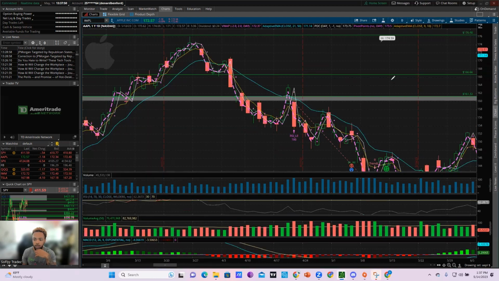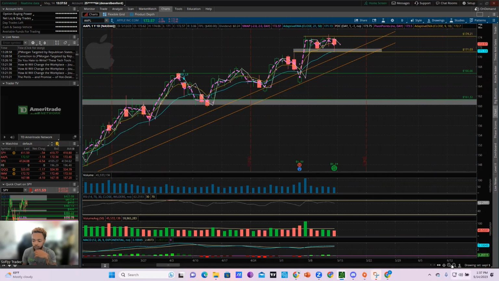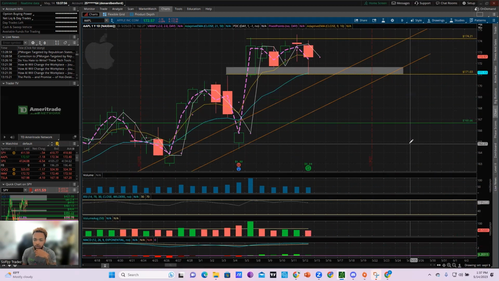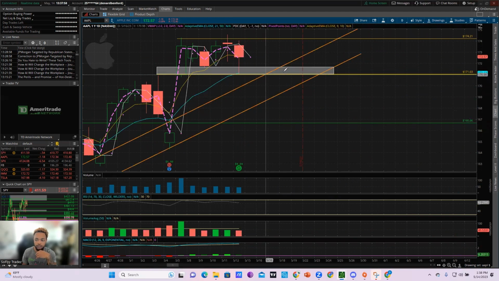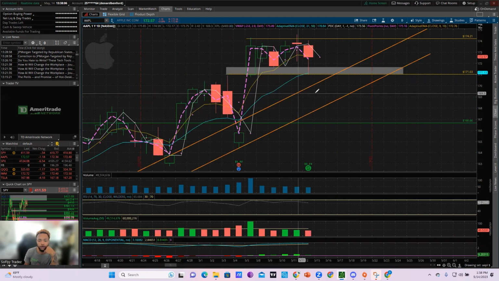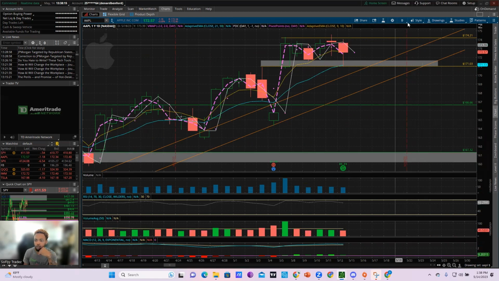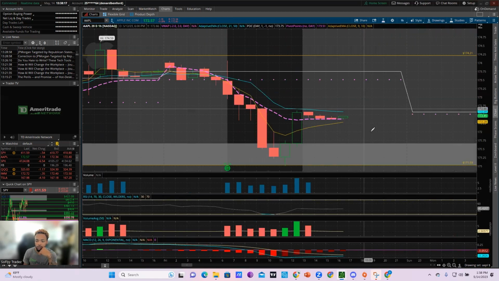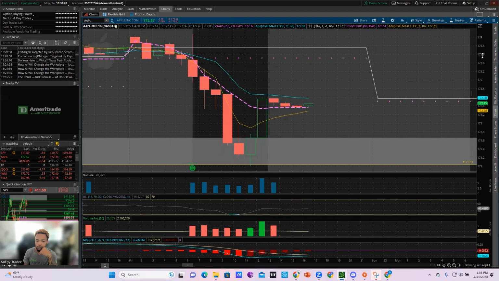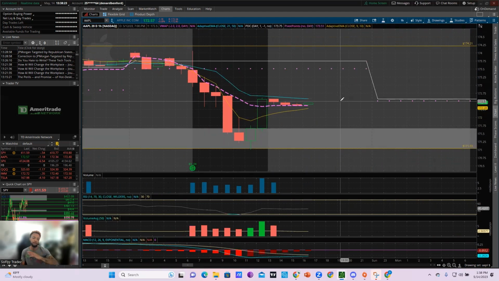Let's move down to our daily so I can see some more price action. What it looks like here is that we have a little zone from this 171.03 up to this 171.68 area. What did price close at? It closed at 172.34. Okay, basically I got to go down to my smaller time frames. I really have bigger levels on AAPL right now, but I'll be looking for a reject up here in this 174 area.